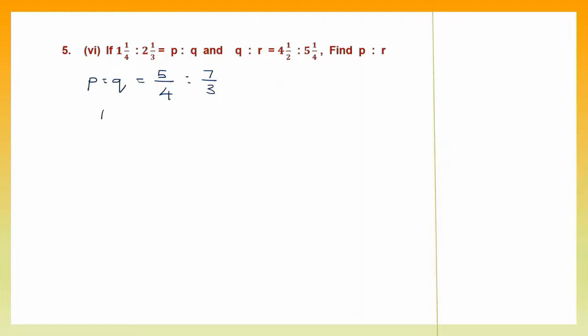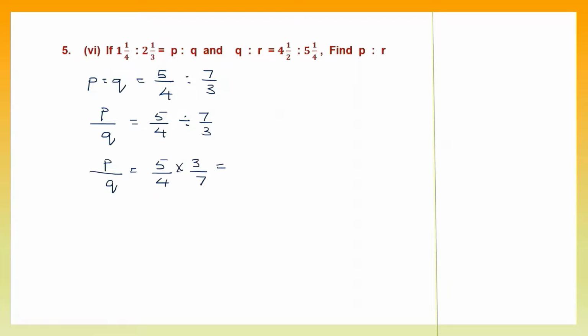Now let's write it as a division fraction. P by Q equals 5 by 4 divided by 7 by 3. So this becomes P by Q equals 5 by 4 into 3 by 7, reciprocal.